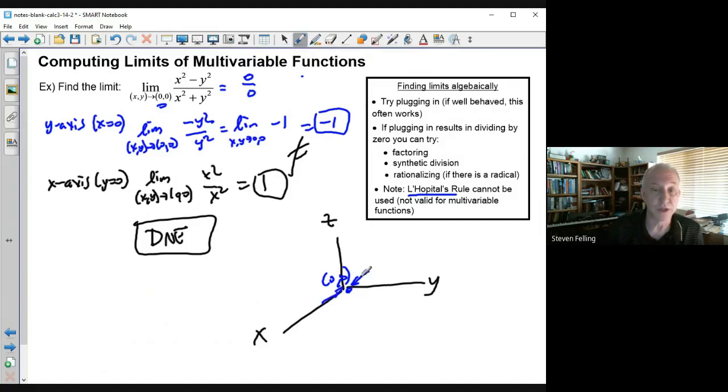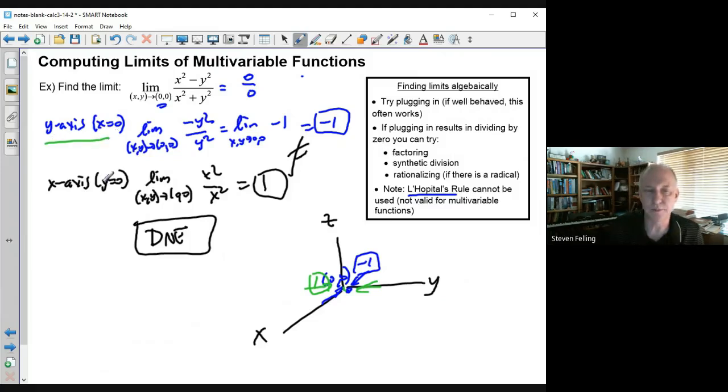Well, when we plugged in, we got the value -1 when we did that, right? But when I approached in this direction, I got +1. And that means that the function is doing something different, right? It's got to have a very strange looking surface to be approaching a different z value as we approach this way compared to this way. And we know that at this point itself, there's a hole. So the function must be doing something really weird. Okay?